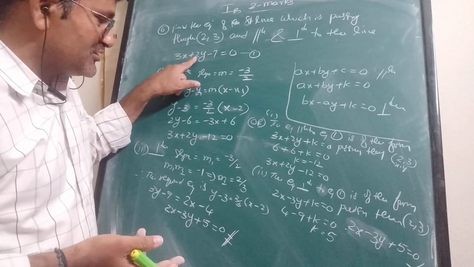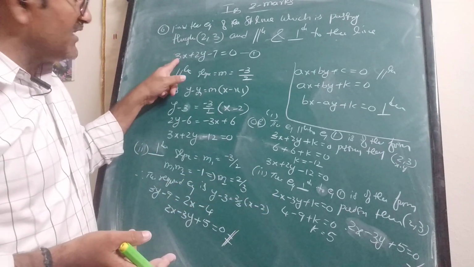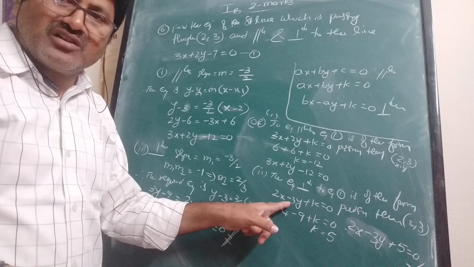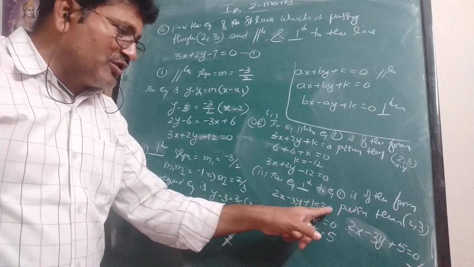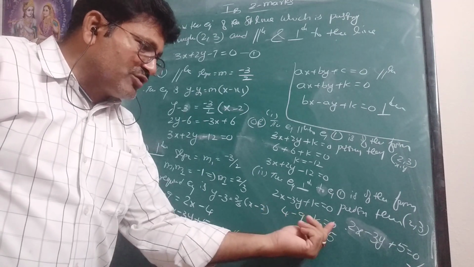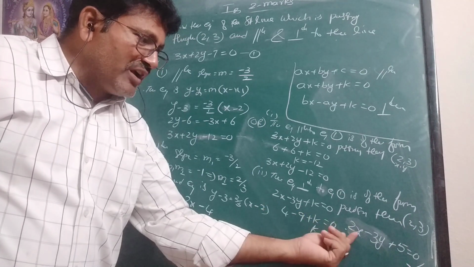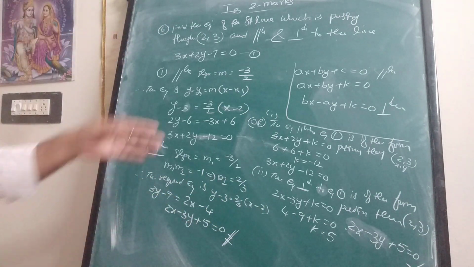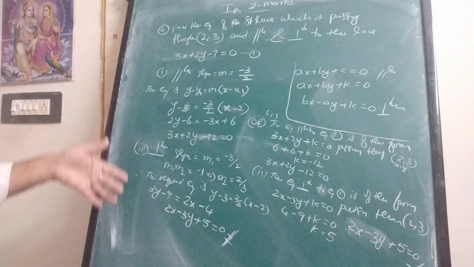Y coefficient is 2, so 2x. X coefficient is 3, so 3y. In between plus is there, here you have to put minus, that's all. 2x - 3y + k = 0 and passing through (2, 3). Go for substitution: 4 - 9 + k = 0, k = 5, and 2x - 3y + 5 = 0. In both the cases we got the same result. You can do in such a way or you can do in this manner.